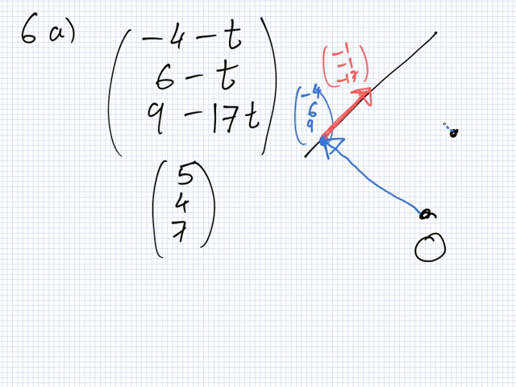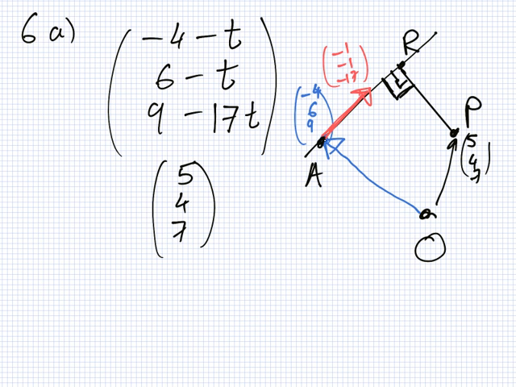And this one here is 5, 4, and 7. What is key is that this is perpendicular, and I'll call this point R, this point here A, and this point P.